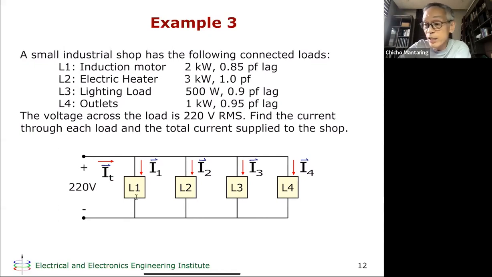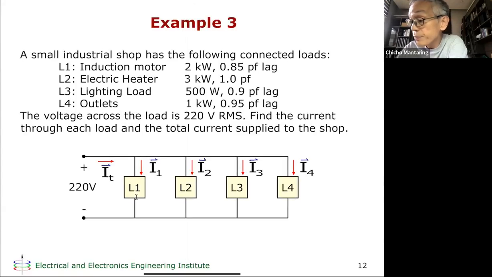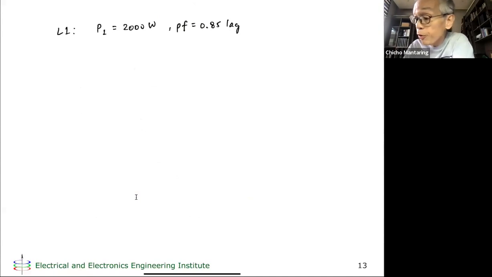So let's first consider load 1, L1. I know that my power, let me call it P1, is equal to 2000 watts. My power factor is 0.85 power factor lag. Here, 2000 watts, 0.85 power factor lag. I can compute for Q1.